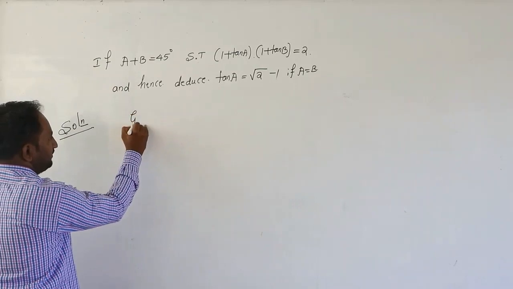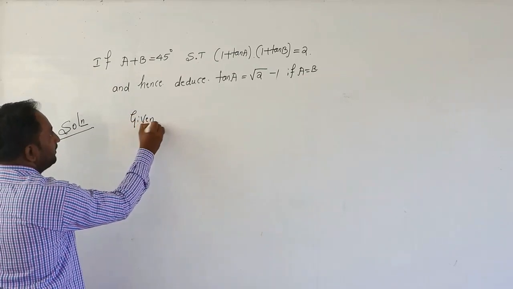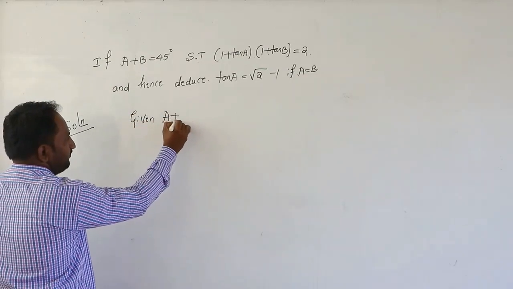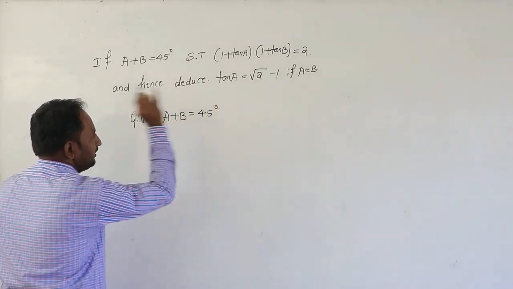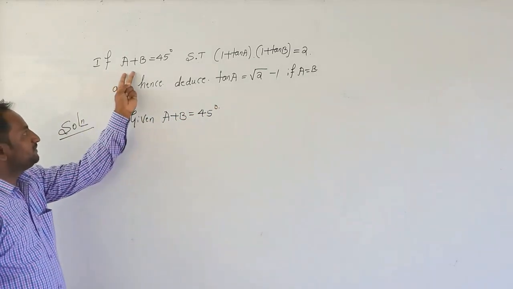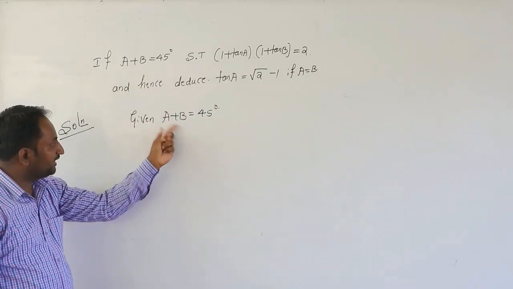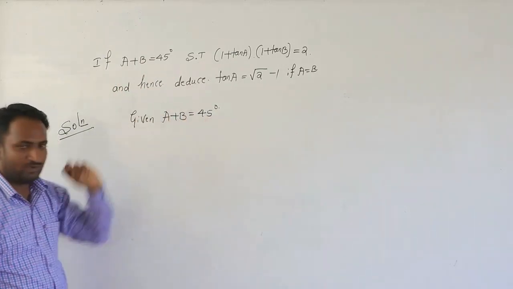Solution. Here given that A plus B is equal to 45 degrees.